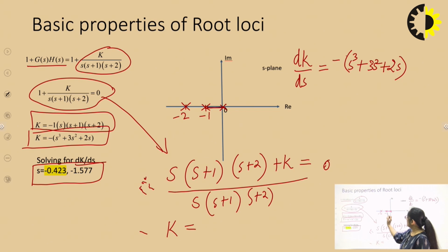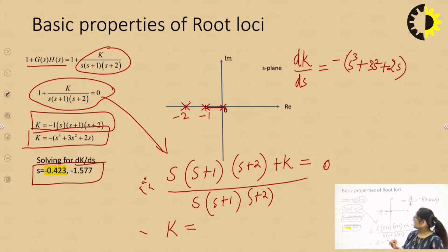And when I look at the part from minus 1 till minus 2, I find that the sum of poles and zeros to the right side is an even number. Therefore, between minus 2 and minus 1, that part of the real axis is not a part of the root locus.